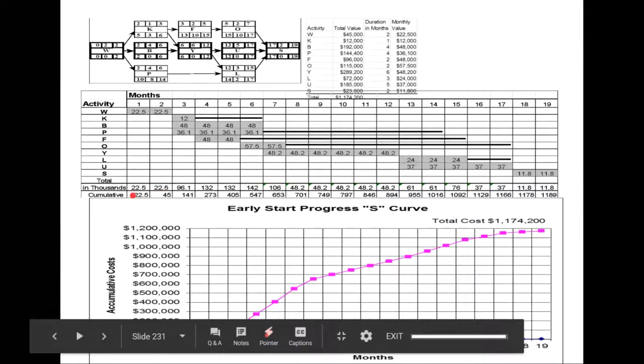By the end of month one, it has incurred a total expense of 22.5 thousand. As we move to the second month, 22.5 add 22, in total we have spent 45. By the third month we should have spent 45 add 96.1, which is 141, and then adding 232 to get 273.